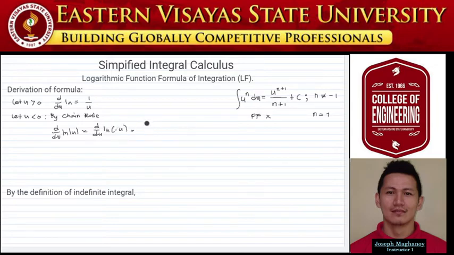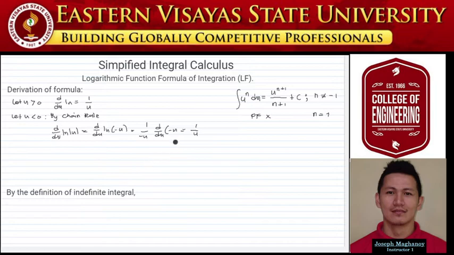Then your 1 over u, then the derivative of your negative u. Finally, your 1 over u.